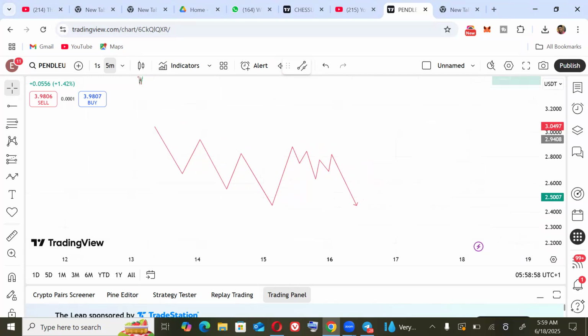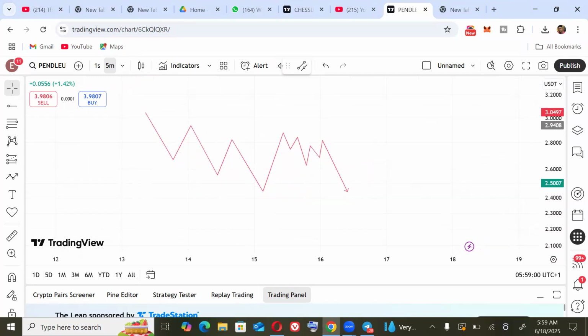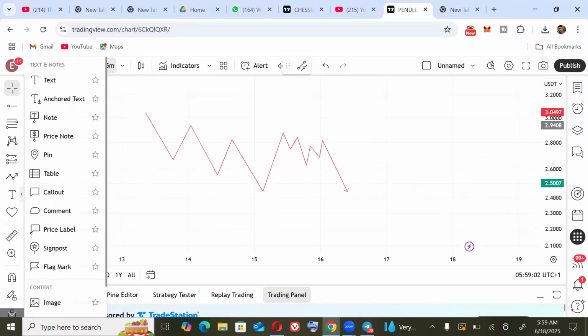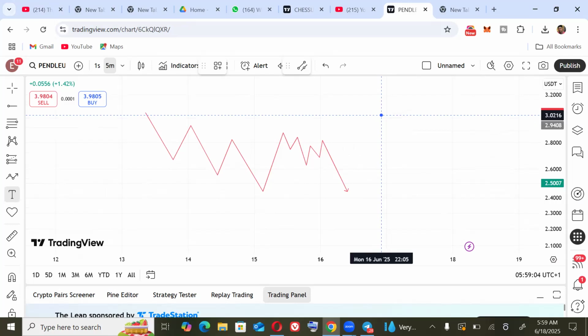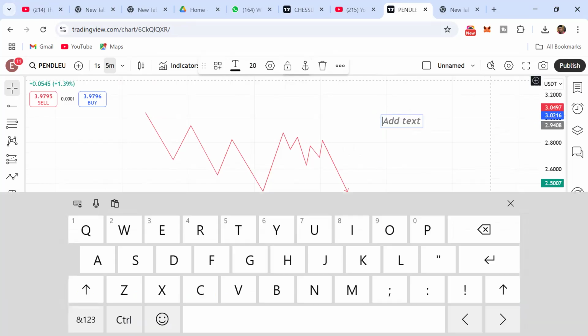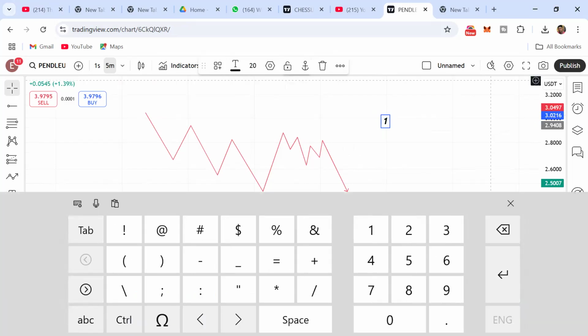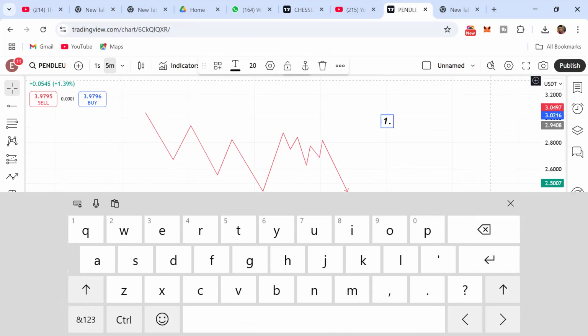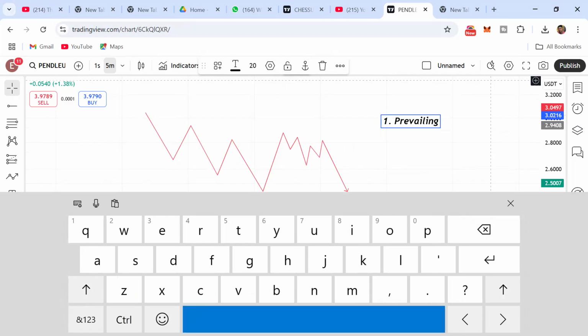Now, there are three things you must do to enable profitability. First is knowing what the prevailing trend is. I'm just going to write it down and I will explain to you what this means. Prevailing trend.